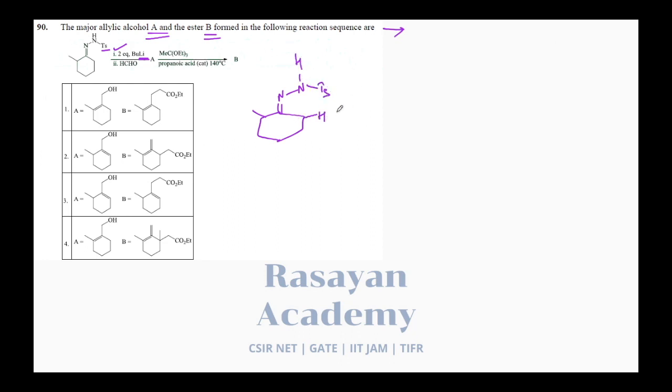Yes. So in the presence of two equivalents of butyl lithium, you are going to remove this acidic proton first, which is there on nitrogen, and then you are going to remove this proton. So what do you get? Let's say this proton is removed and you can remove the tosyl group from over here.